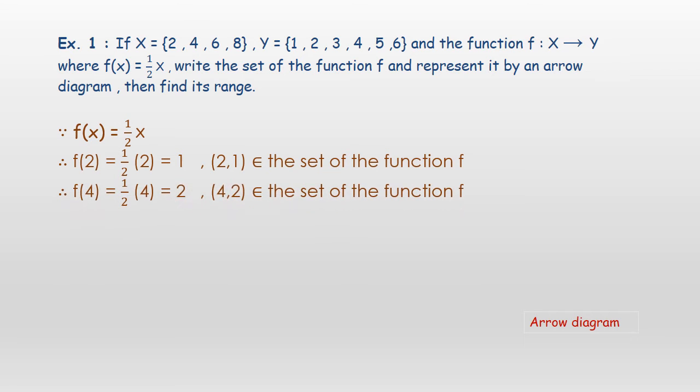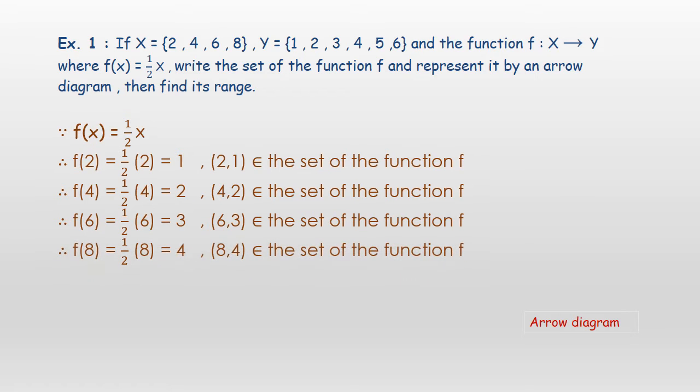Then substituting 4: half times 4 is 2 and our ordered pair will be 4, 2. Then f of 6, by substituting x with 6, half times 6 is 3, so our ordered pair will be 6, 3.